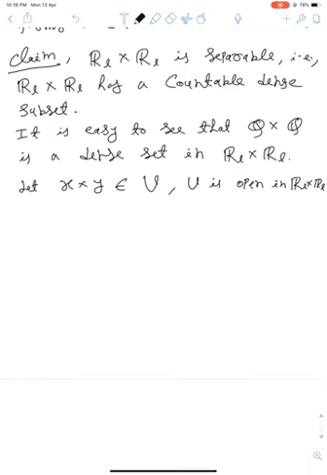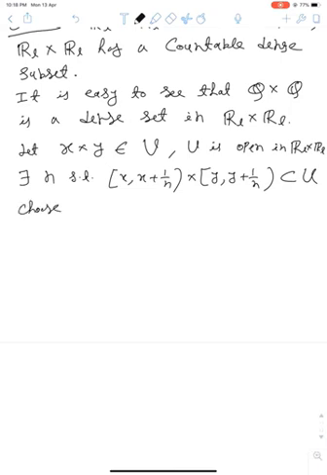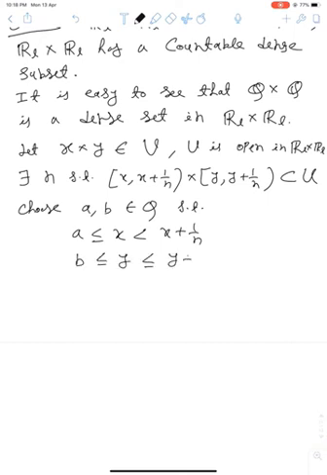Since it is first countable, we can choose one n such that [x, x plus 1 by n) product with [y, y plus 1 by n) is a subset of U. Now choose a, b belonging to Q, that is rational numbers, such that a less than or equal to x less than x plus 1 by n and b less than or equal to y less than y plus 1 by n.